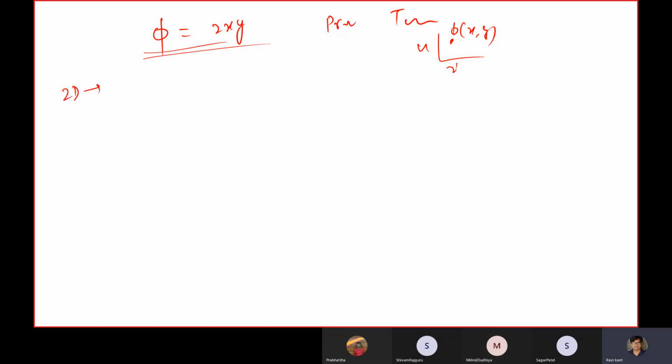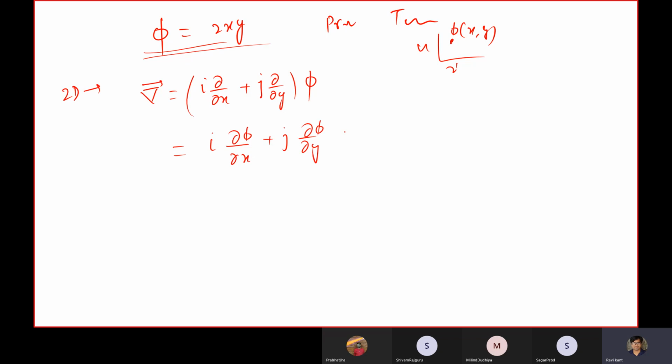Let's suppose in 2D. So in two dimensions, my nabla operator will be i times dou by dou x plus j times dou by dou y. And now I am going to operate it on phi. So I write i times dou phi by dou x plus j times dou phi by dou y, and this nabla times phi is essentially a vector.